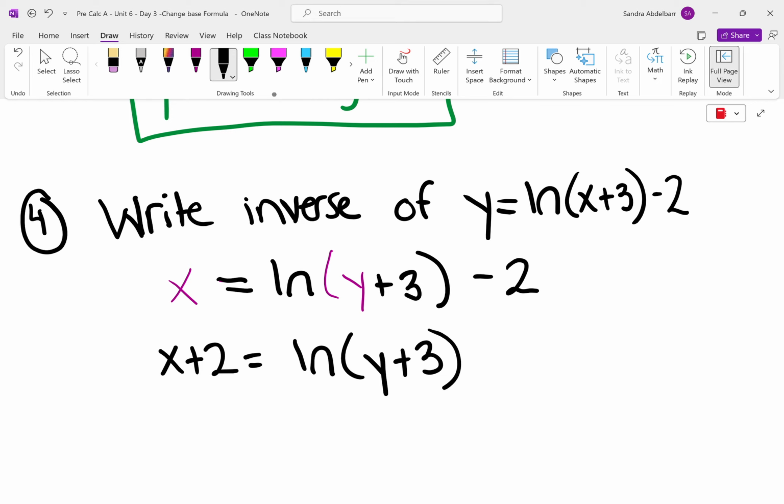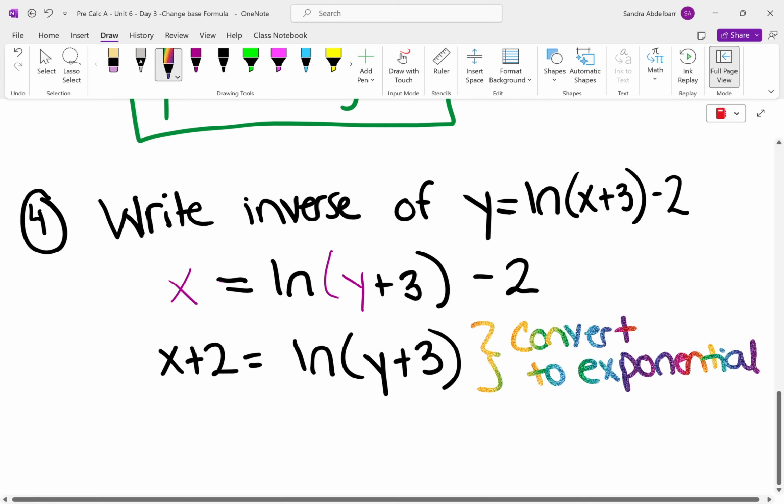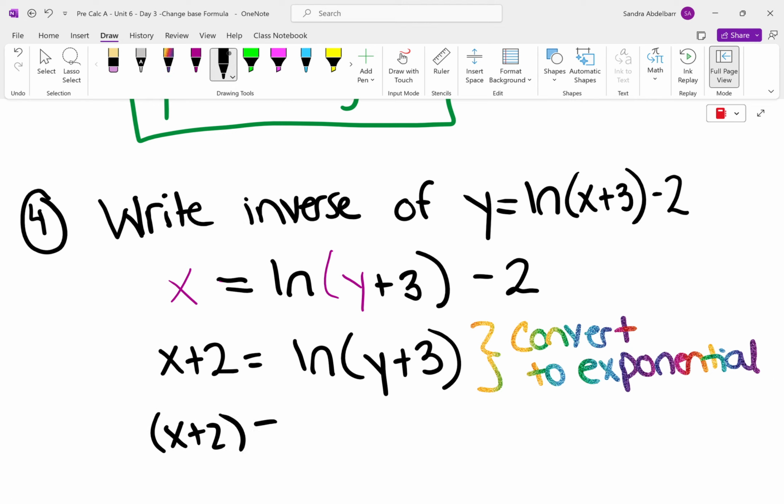Convert to exponential. You got this. We are going to convert to exponential. So now remember, if it's helpful, ln is log base e.